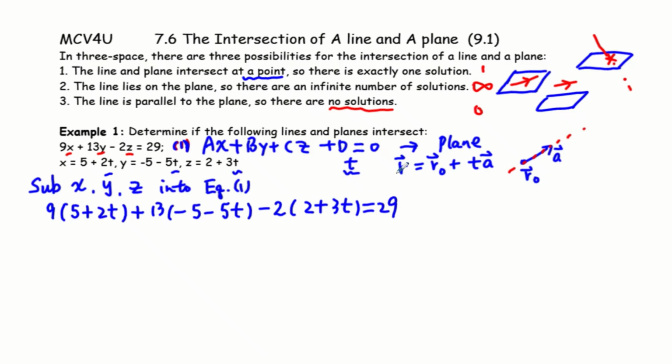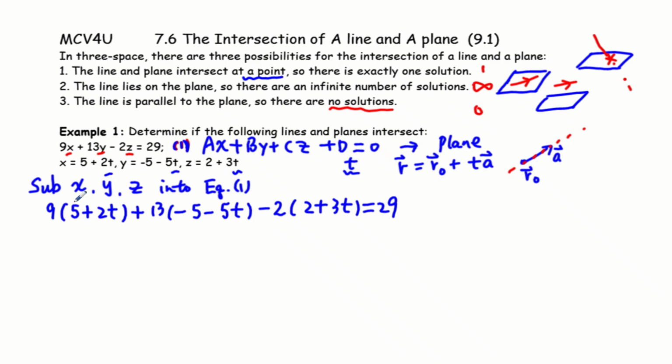So this is an equation with only t as unknown. This is a linear equation, and we are able to solve a linear equation by isolating the t. So we are going to get rid of the brackets and collect the like terms. Then we keep t at one side and move numbers to the other side, doing the opposite operation.